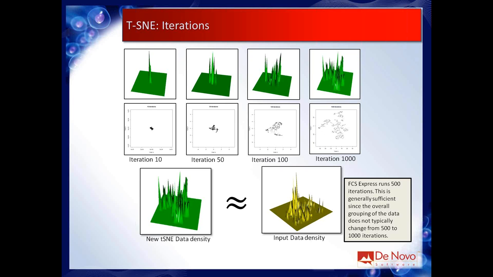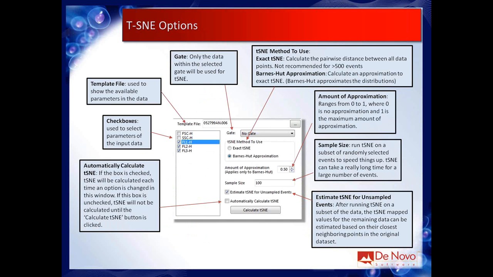Through some manual experimentation, usually 350 might actually be good, but 500 is pretty sufficient to be safe. Between 500 and 1,000 iterations, you don't usually see much fundamental change, as in cells going to different populations or new populations appearing. Usually you'll end up with some group of populations and they'll be shifting around in that 2D space. But those structures will still be there, generally speaking. So we leave it at that.